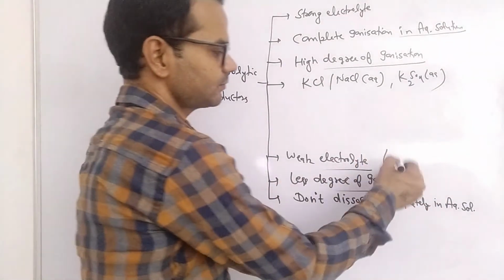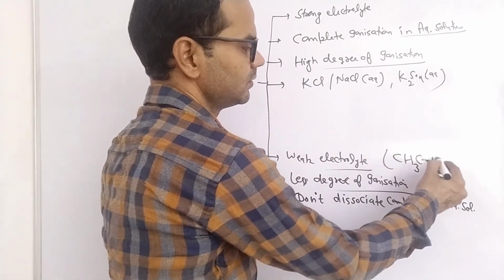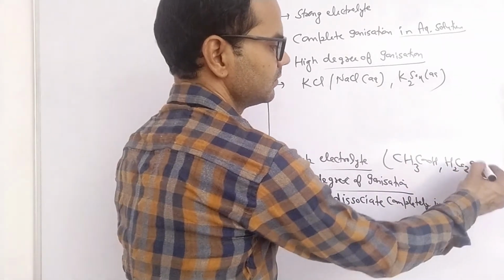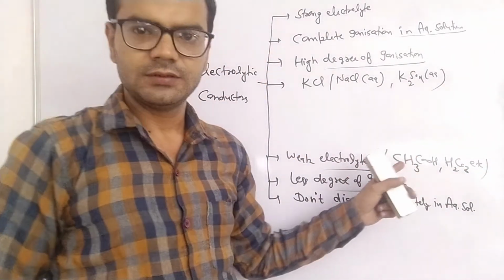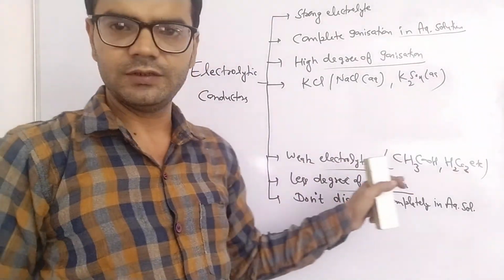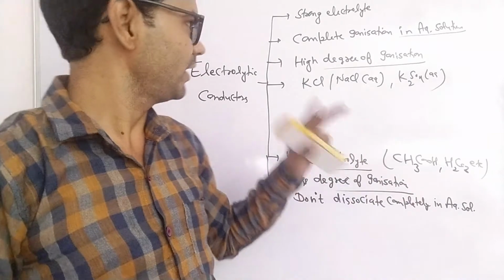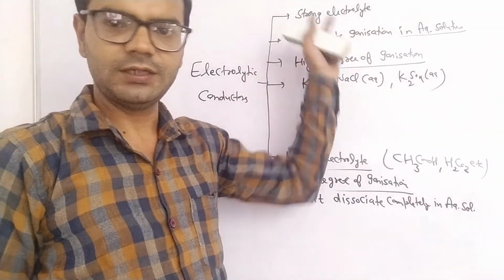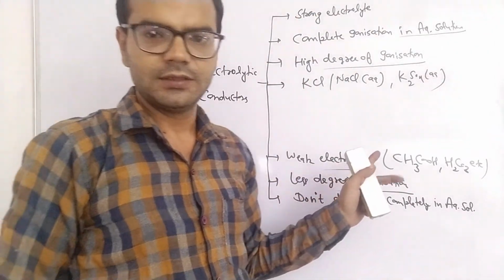Examples: acetic acid, carbonic acid, etc. They are considered as weak electrolytes because they possess a less degree of ionization. So we have two types of electrolyte: strong and weak electrolyte.